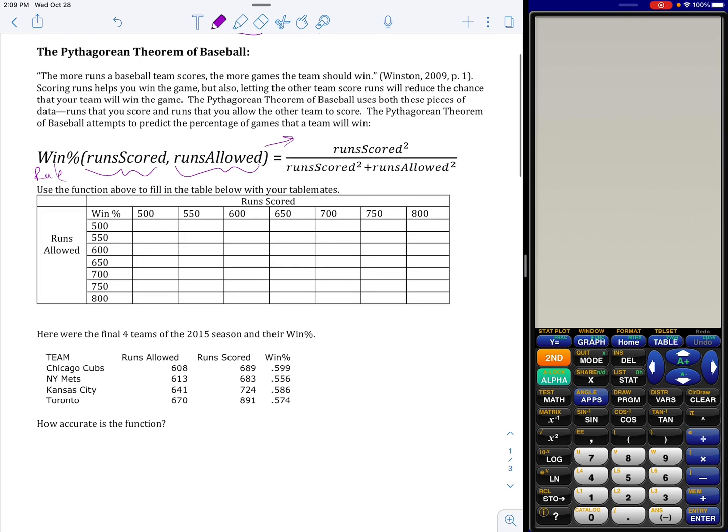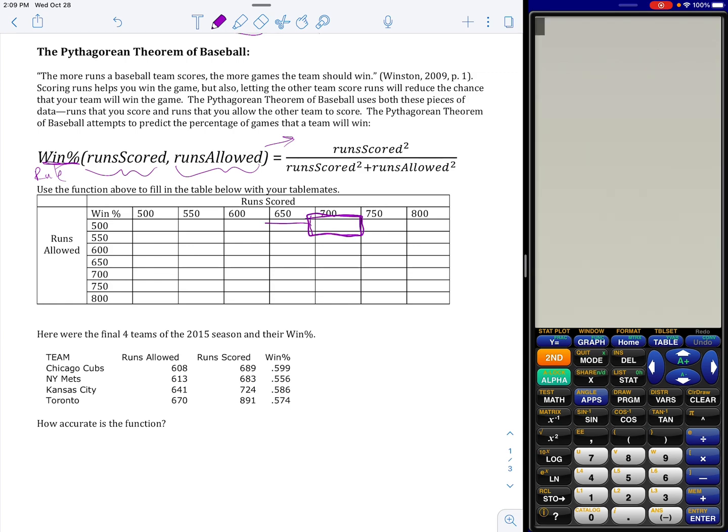In this case, there's something called the Pythagorean theorem of baseball that predicts your win percentage based on the runs you score and the runs you allow. So I'm going to do a few examples of this. The first one I'm going to do is this box right here.